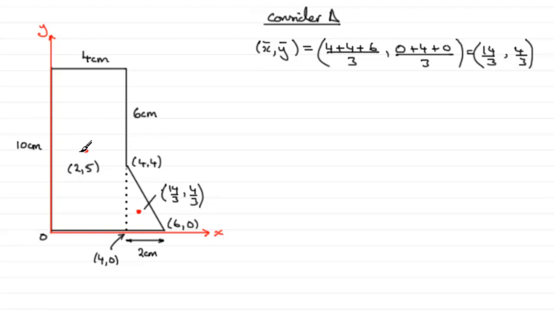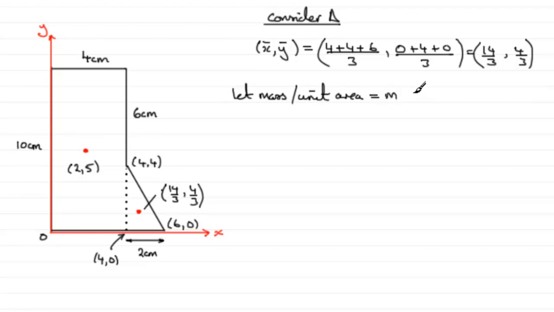Now that we've got the center of mass of each of these laminas, we need to work out what the mass would be of each of them. And to do that, what we're going to do is let the mass per unit area equal some constant, and that constant can be anything you like.